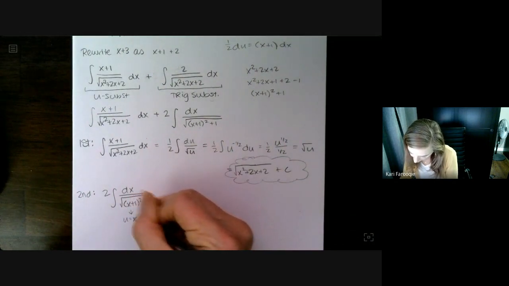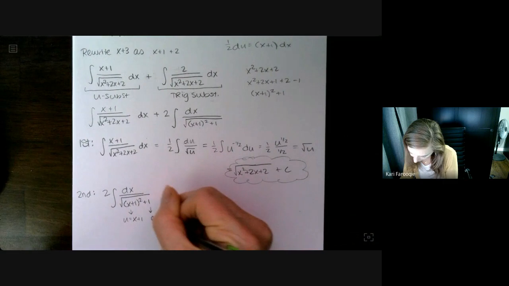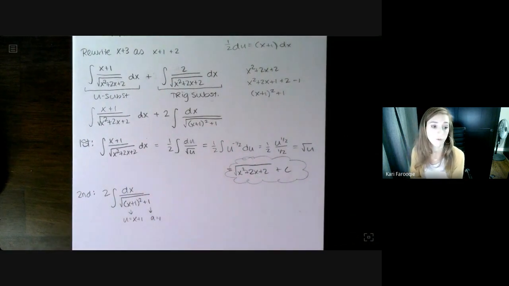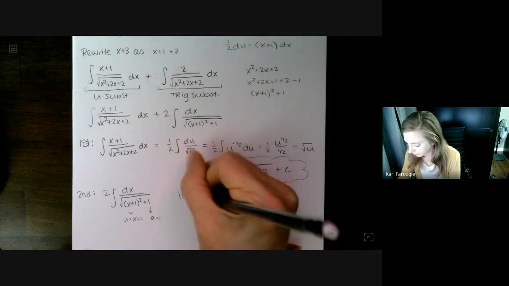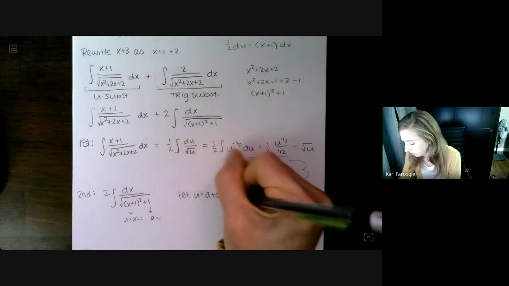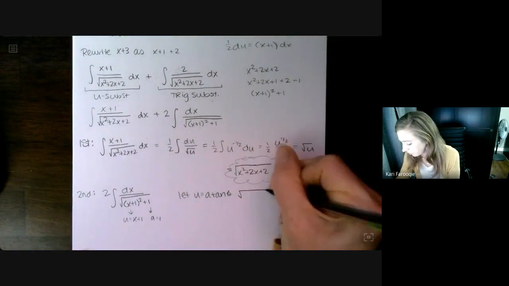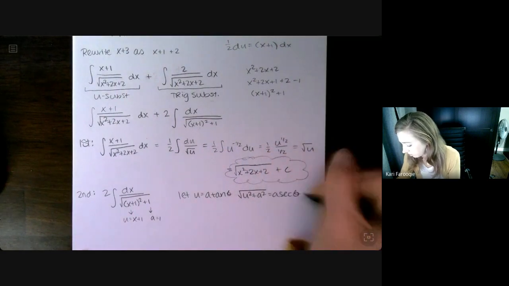So u is going to be x plus 1, and a is going to be 1. When we are in this form, we let u be a tan theta, and the square root of u squared plus a squared is a secant theta.